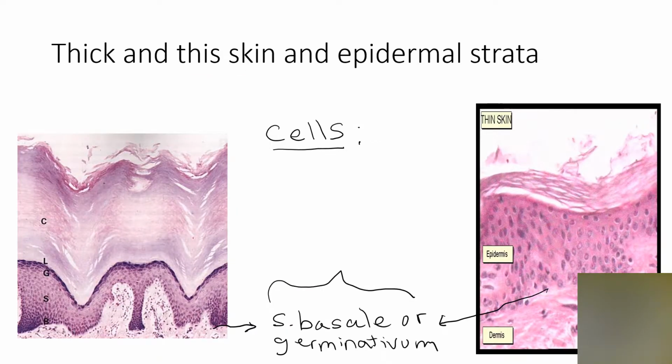The deepest epidermal strata is the stratum basale or germinativum. The stratum basale consists of one layer of actively dividing germ cells, which can be seen in both thick skin and thin skin.